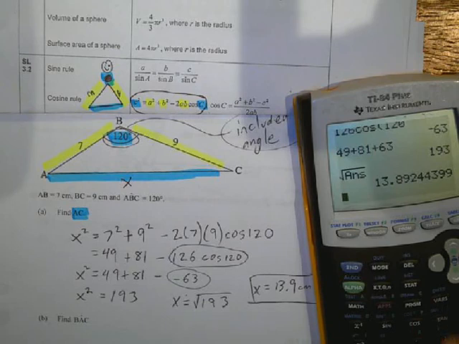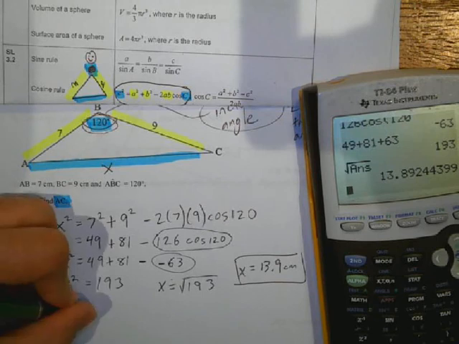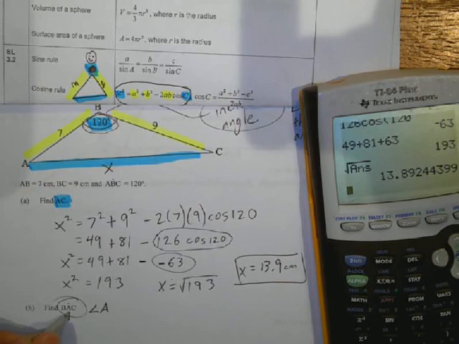Okay. Now, people did not understand what this means. This means angle A. The letter in the middle is A, so that's the angle we're trying to figure out.